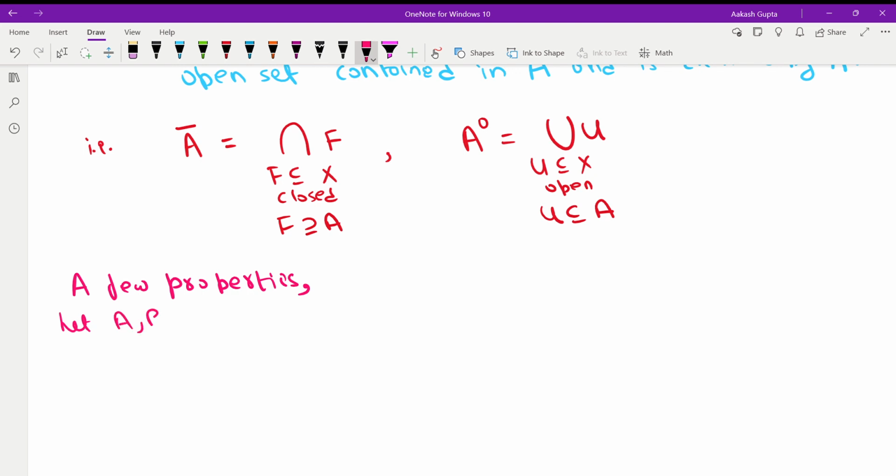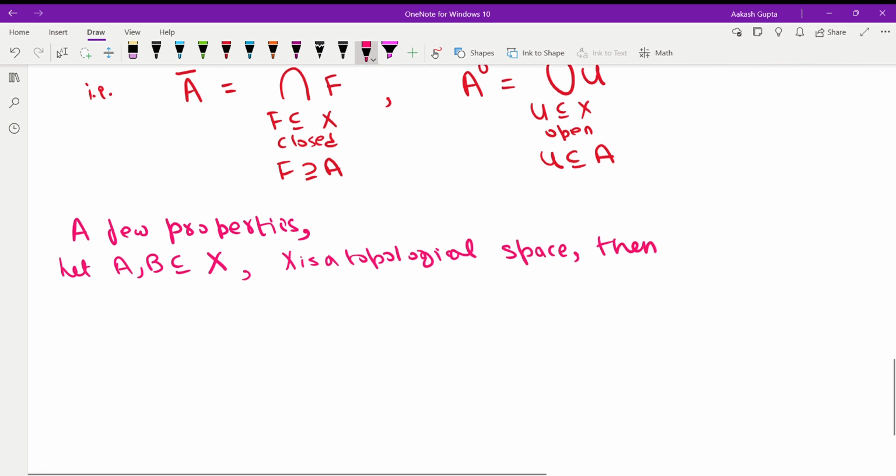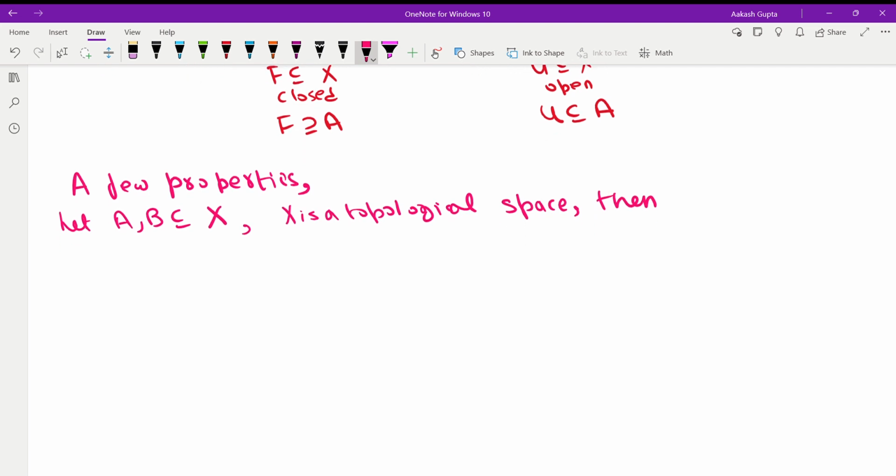So let A, B be subsets inside X. What is X? X is a topological space. Then let us have properties.